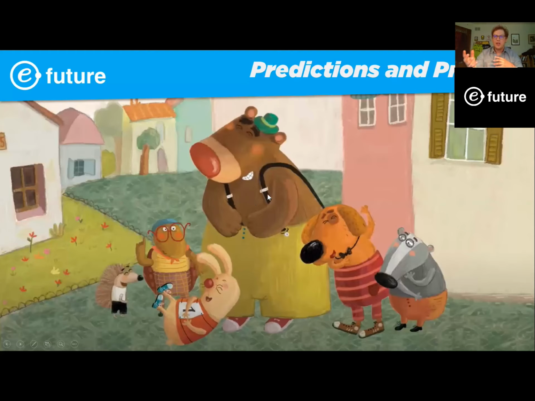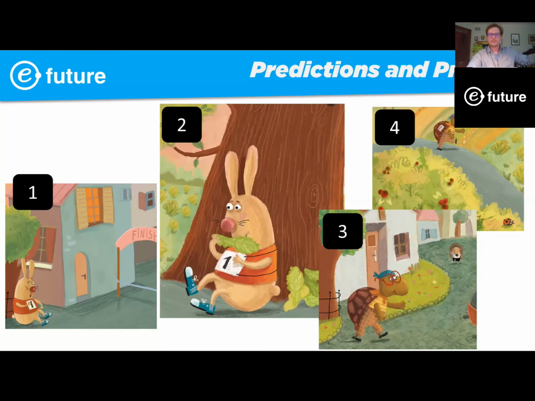Previewing really helps students get more comfortable with the story. That way when they open the book, they're already familiar with the ideas. And you can have them guess, what do you think comes first? Do you think number 1 is first, number 2, number 3, or number 4? So they can start to imagine the story.